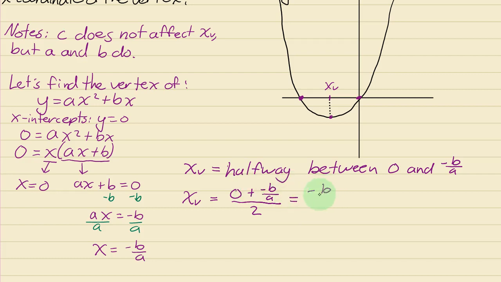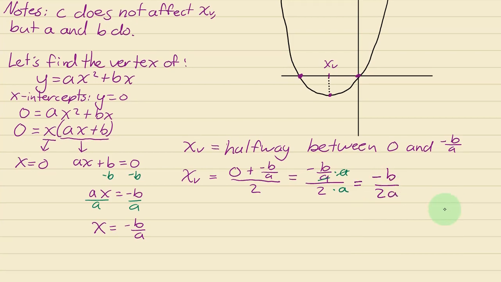You get negative b over a, and then that is all over 2. To simplify this, I would multiply the top and bottom by a, because you can always multiply both the numerator and denominator of a fraction by the same thing, and a divided by a cancels out there and gives you just negative b, and in the denominator you get just 2 times a.